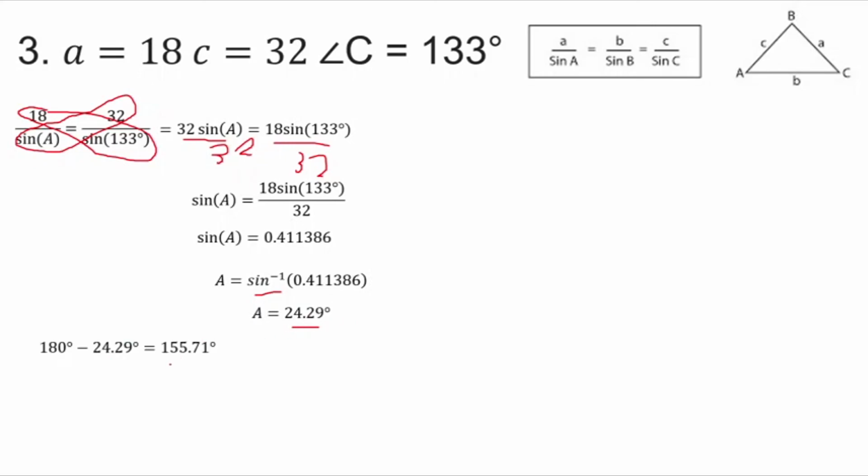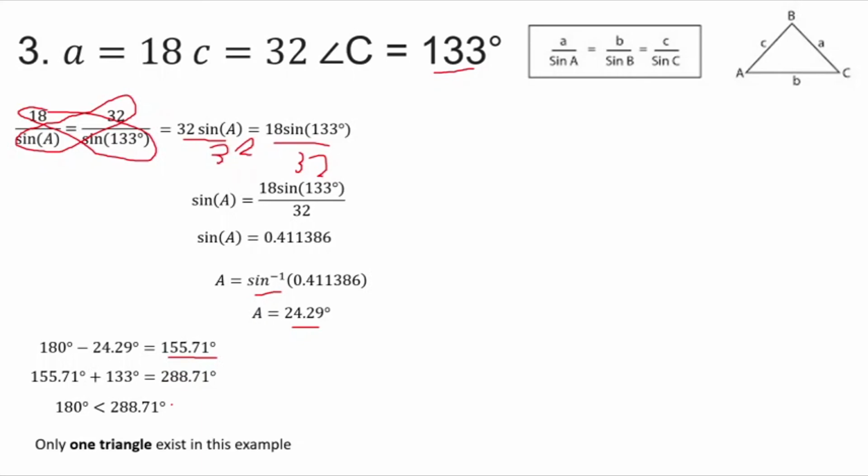If you subtract from 180, which gives you 155.71 degrees. If you add it to the 133 degrees, it will be too big, so only one triangle exists in this example. Here we add the angle that we found, and then we subtract it from 180.